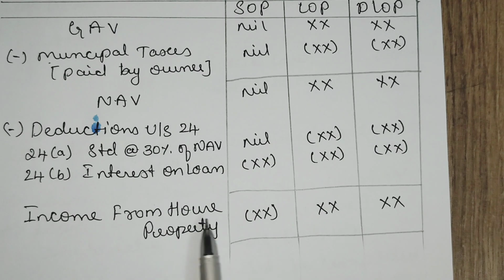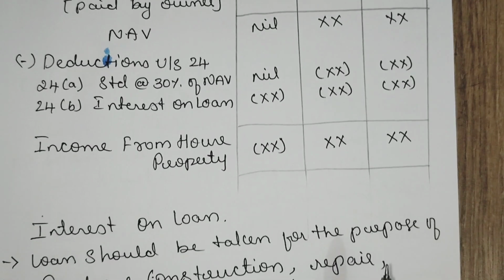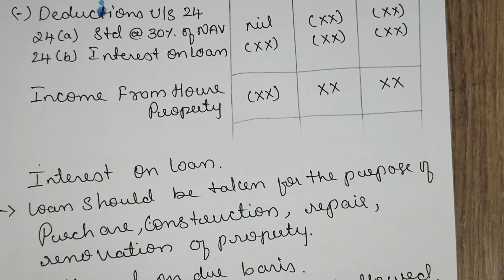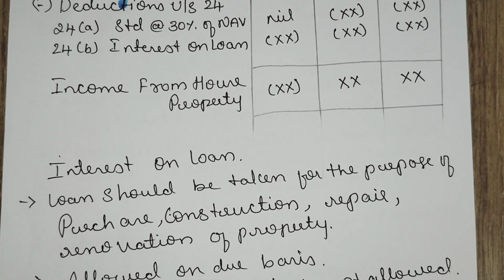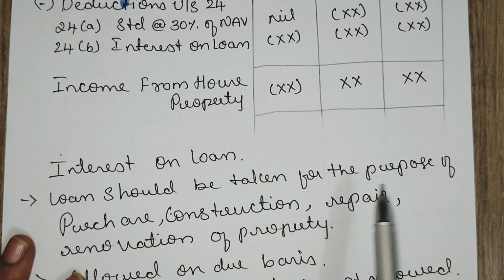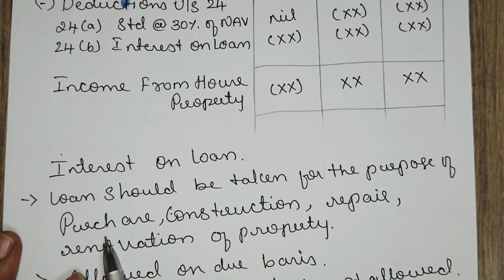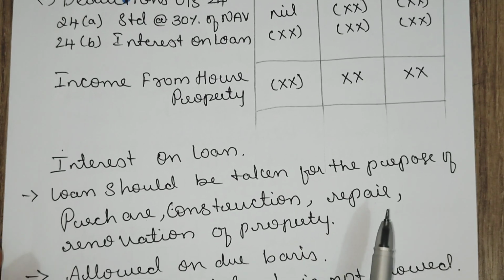Then we will get income from house property. Now, interest on loan. There are certain conditions to consider the interest on loan. The loan should be taken for the purpose of purchase, construction, repair, or renovation of house property. Any one of these will be considered.